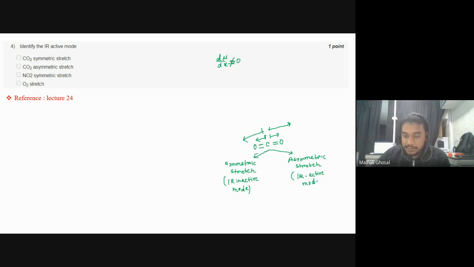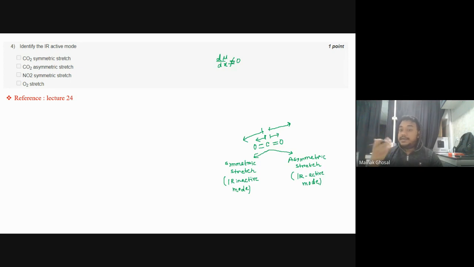One thing you can also see: when I was discussing the content of this lecture, I told you that for a molecule to show IR activity, the dipole moment needs not to be zero, sorry, need not to be non-zero. Just like the rotational case, you must have a permanent dipole moment.